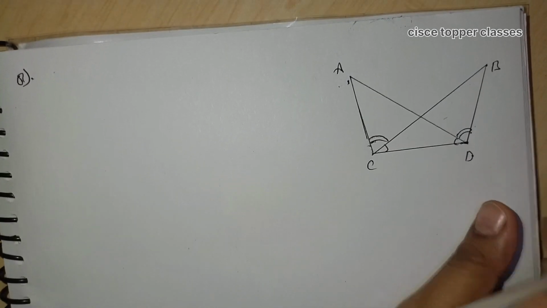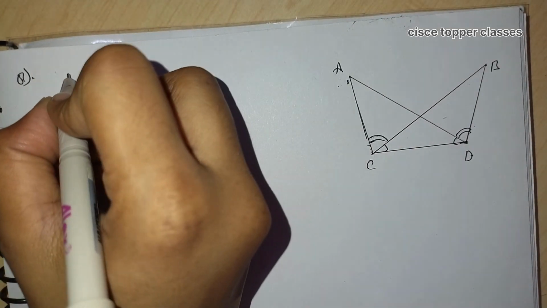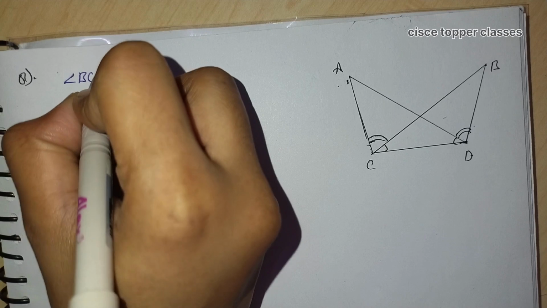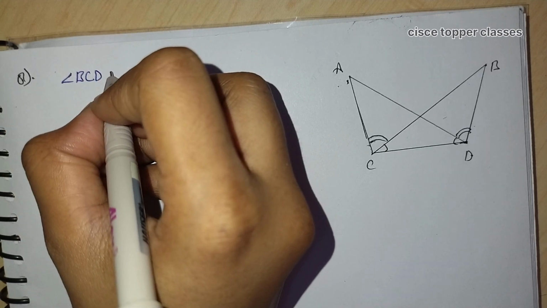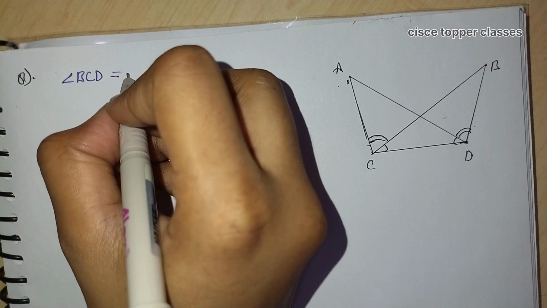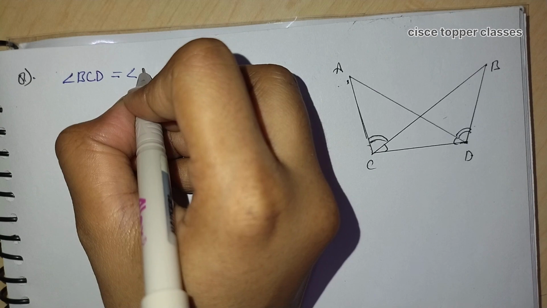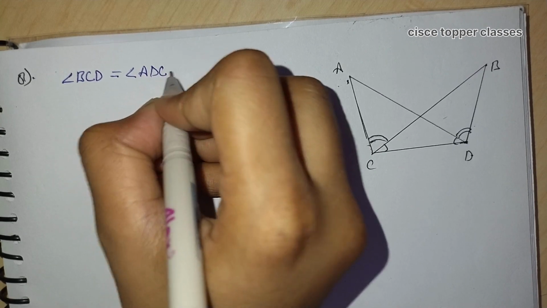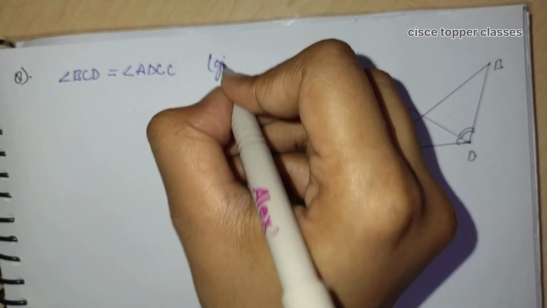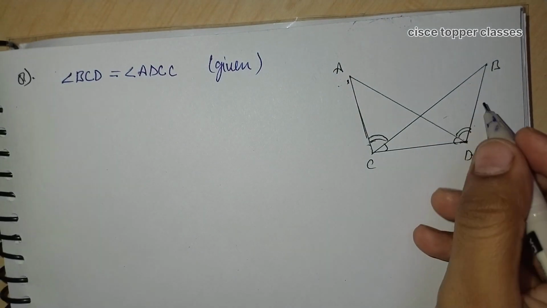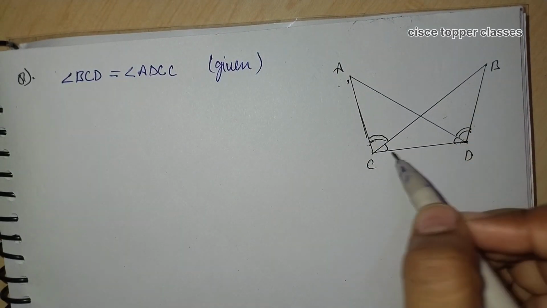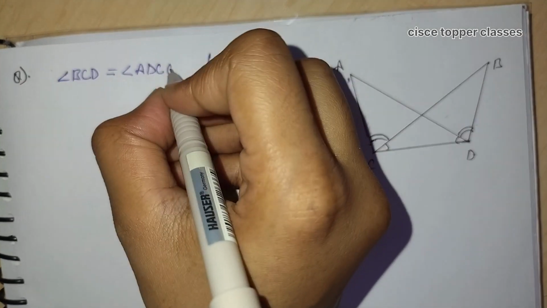So simply we can write here firstly the given information as angle BCD is equal to angle ADC. So simply this is given to us here. Now we have BCD is equal to ADC.